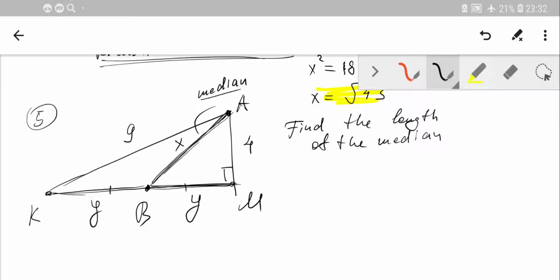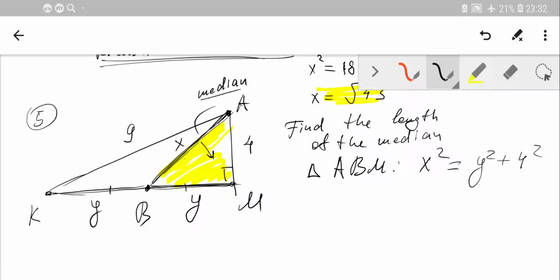So how to write the Pythagoras theorem? Obviously, using triangle ABM, we can write the following. So x squared, the hypotenuse, opposite to the 90 degrees angle in this triangle, will be equal to y squared plus 4 squared. Okay, don't worry that you have two variables.